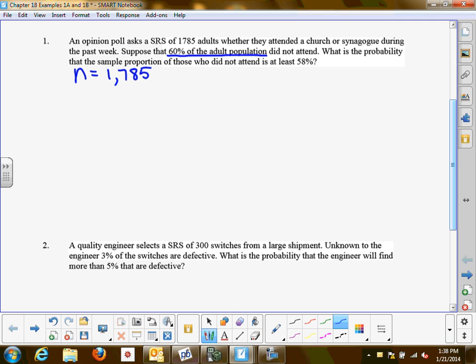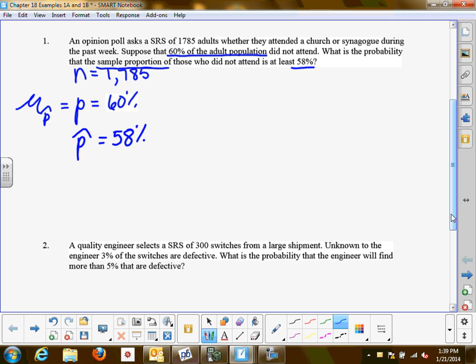That is the P, the true P, which is the mean of the sampling distribution. Okay? Because when it says what's the probability that the sample proportion of those who did not attend is at least 58%, that's indicating that 58% is representing the P hat, the sample results.